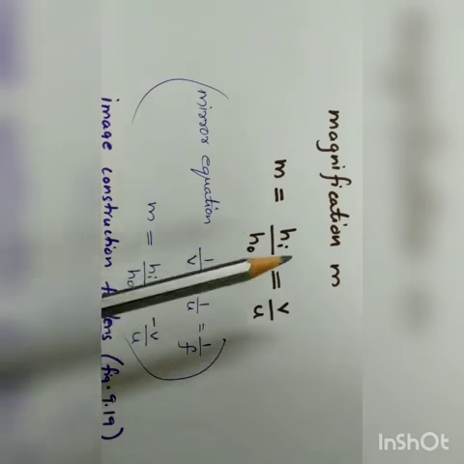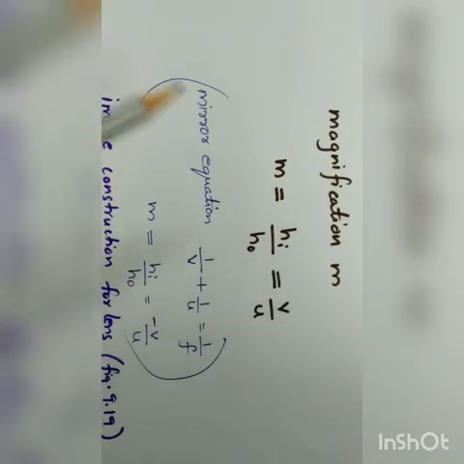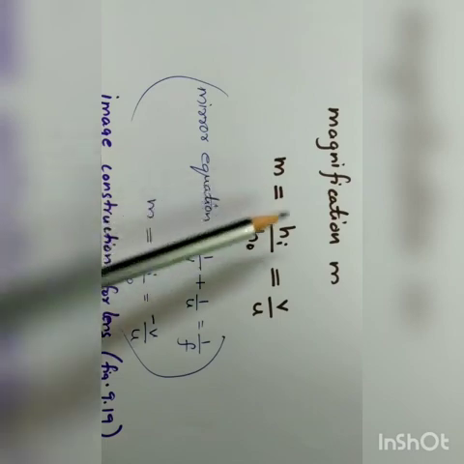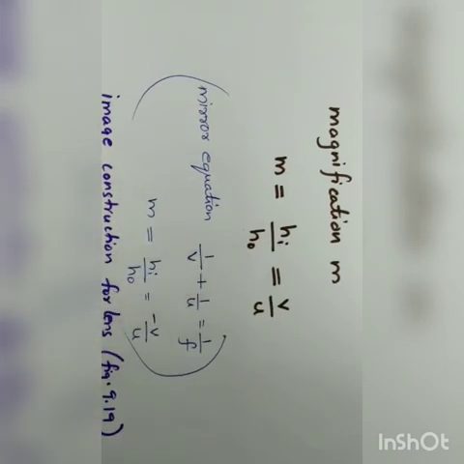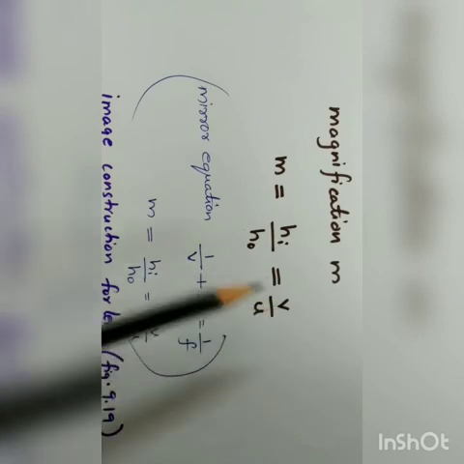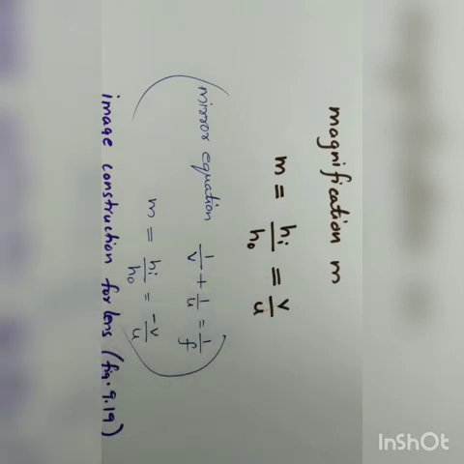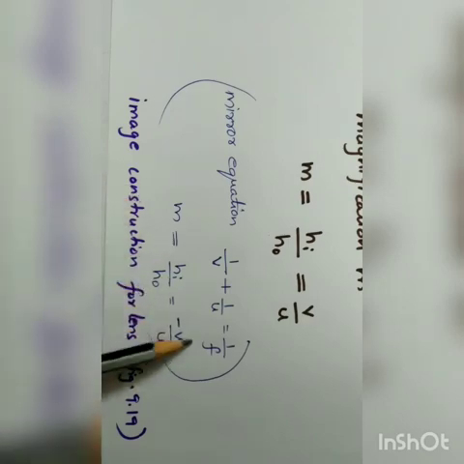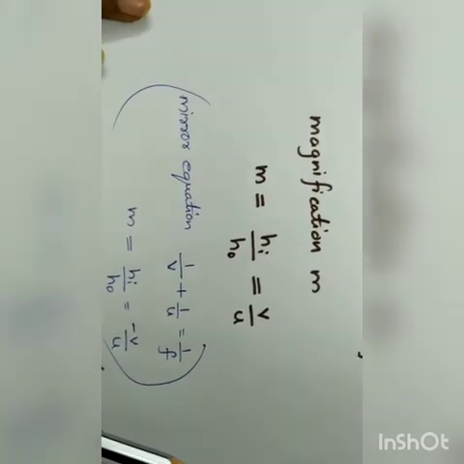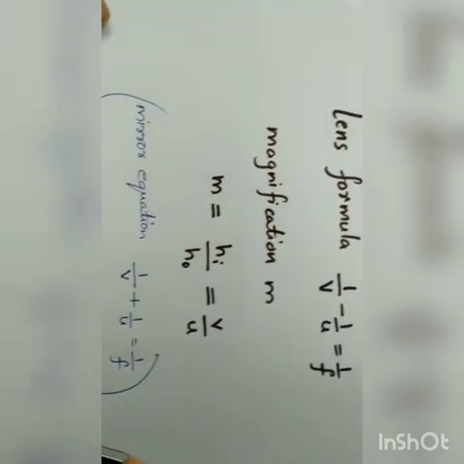And again, magnification of a lens is given by M is equal to HI by HO, height of image by height of object, is equal to V by U. Compare that with our mirror magnification, HI by HO is equal to minus V by U. Just compare the lens formulas and the mirror formulas.